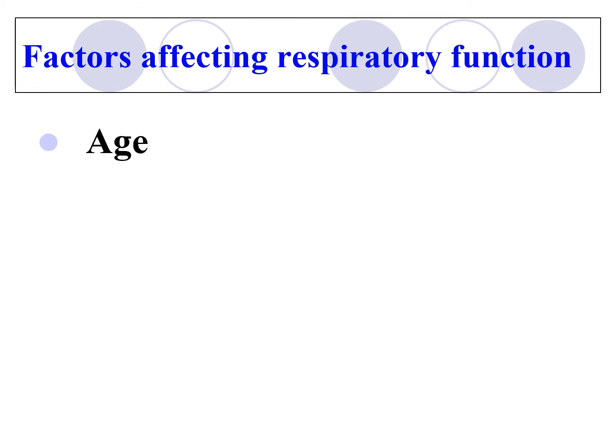In old age, the activity of the person will be less, so the demand for oxygen will be low. Because of that, the respiration will go down to 12 per minute, 12 to 15 or 12 to 20 per minute.